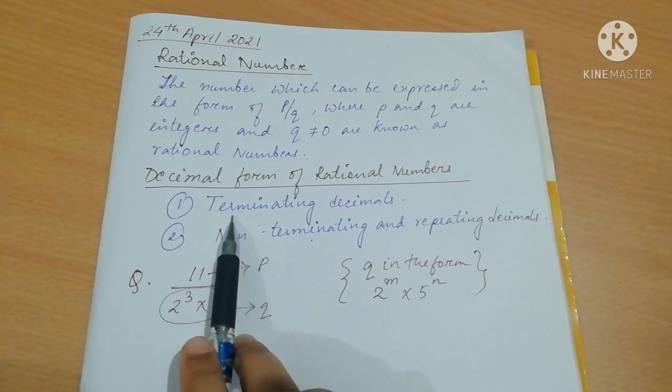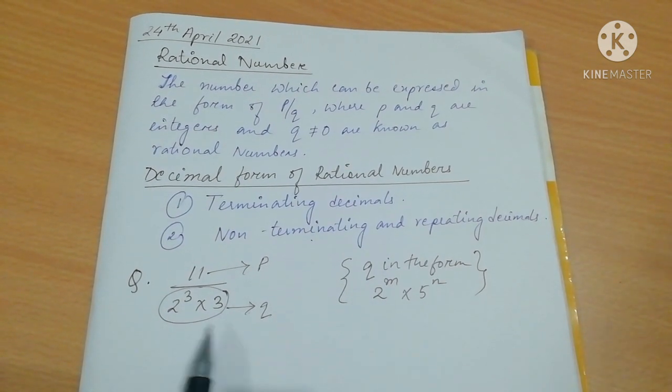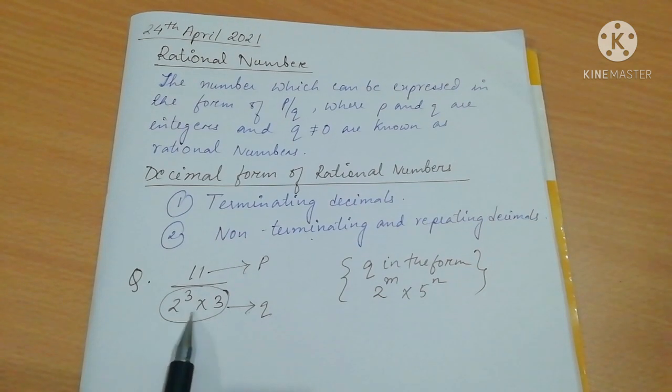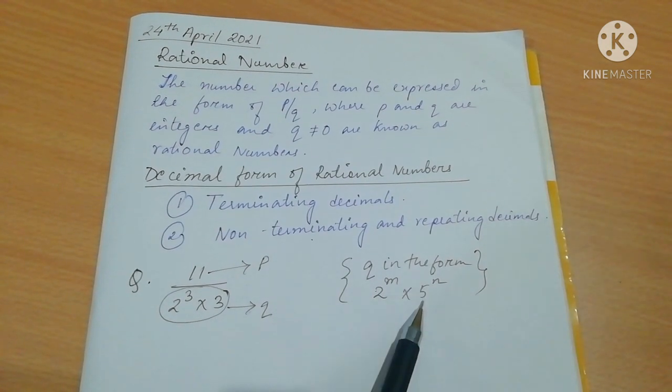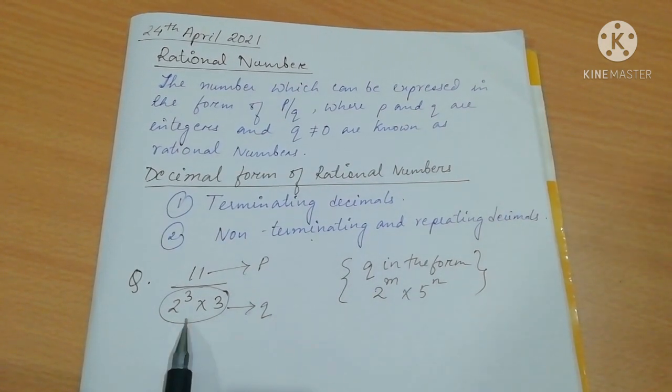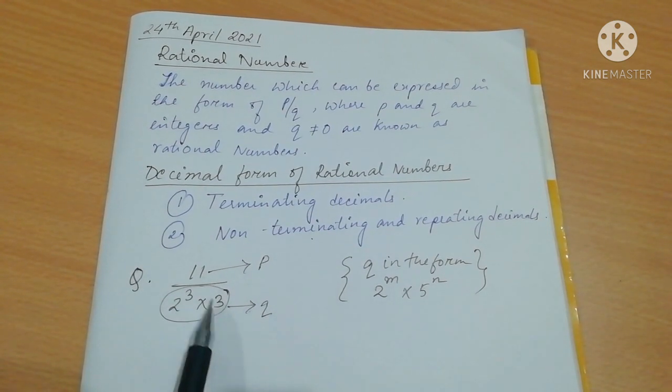Here we got 2 to the power 3, which is 2 to the power m, but is there any power of 5? No, we got 3. Will this 3 cancel with 11?